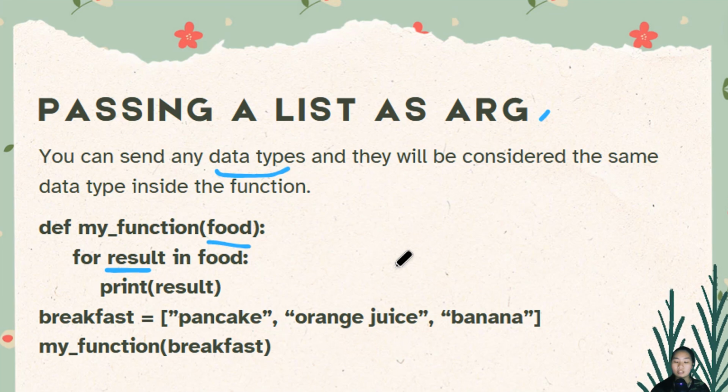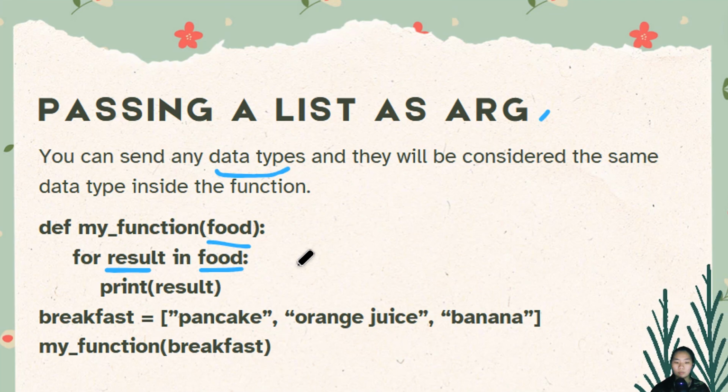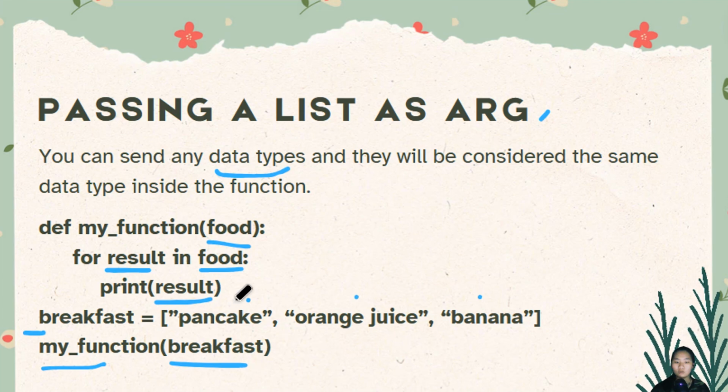It doesn't have to be strictly result. It could be X, Y, Z, or whatever you want. For result in food, the argument passed in, print result, and I passed in breakfast. Obviously, it is an array with pancake, orange juice, and banana. My function breakfast will go through all of these.